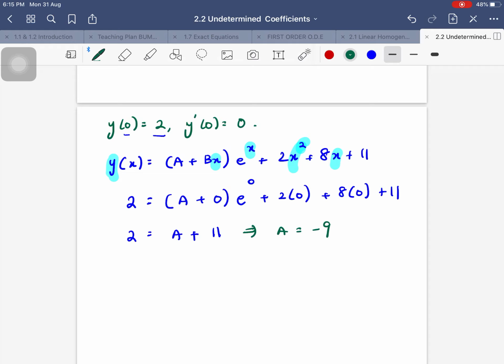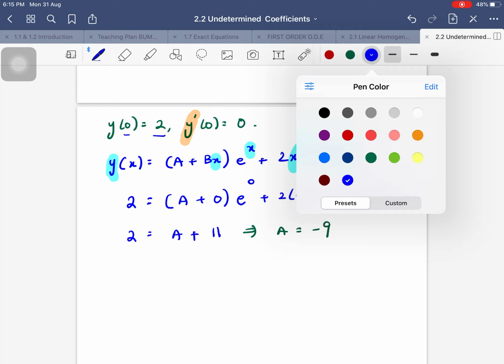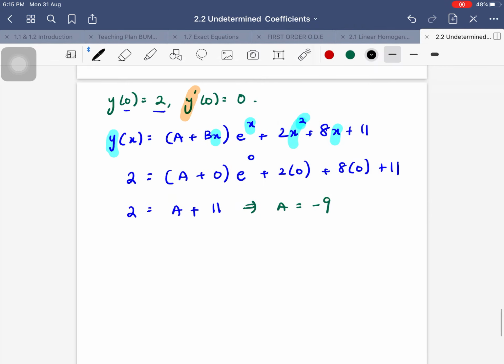And now that I'm going to find b, I have to use the second initial condition, which is this one. But remember, the initial condition is not on y, but it is on y prime. So you have to differentiate it first. So now let me differentiate to get y prime. Remember I told you before, when you have a product that looks like this, when there is more than one x involved, you cannot differentiate it directly, you have to use the product rule.